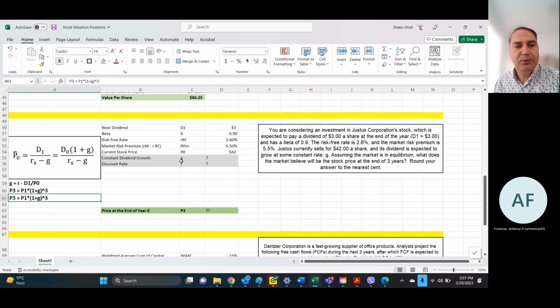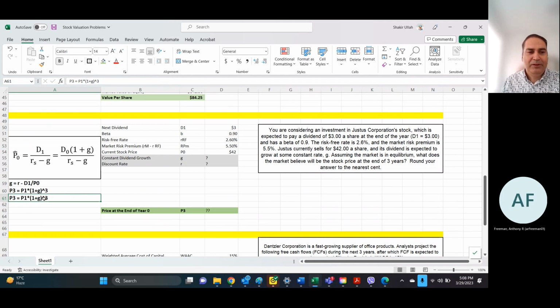So what formula can we use to find G? We can use the dividend discount model: P0 is equal to D1 divided by RS minus G. But again, here we don't have RS as well. It is like a serial problem.